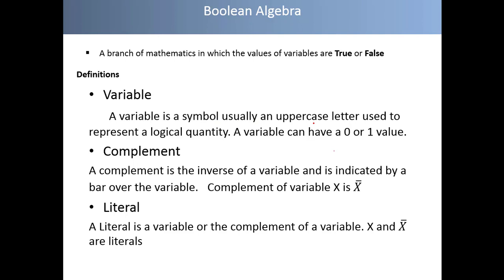So logic has two values, true or false. So a variable can have two numerical values which are 0 or 1. It means a variable is a binary quantity, and similarly its complement is its inverse. For example, if a variable x is equal to 0, then its complement is equal to 1.